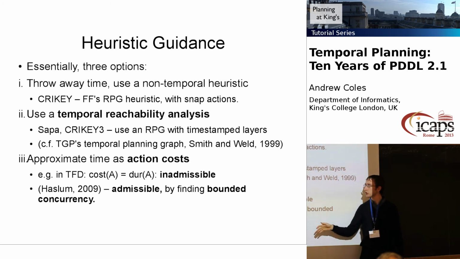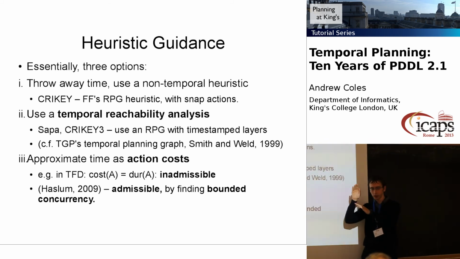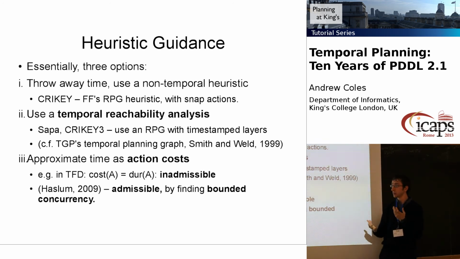So you set the cost of the action to its duration, divided by the maximum number of actions you have in parallel. Because essentially the difference between time and cost is in time, if you spend 10 in parallel with each other, that's only cost you 10. Whereas the cost, if you spend 10 in parallel with each other, that's cost you 20. So by finding bounded concurrency, you're essentially dividing by the maximum amount of overlap, so the maximum overestimate that you could make.